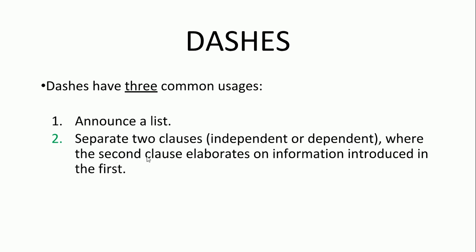Second way I can use a dash is to separate two clauses, independent or dependent, where the second clause elaborates on information introduced in the first. The key crucial part of this is the second half. The second clause has to elaborate on info introduced in the first clause.